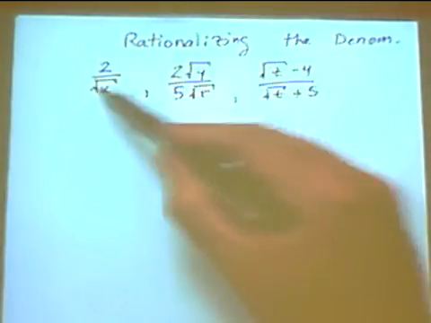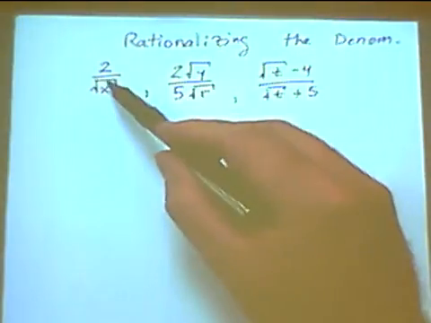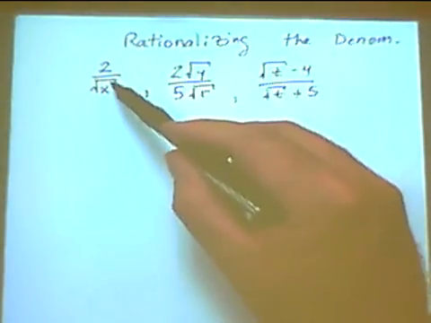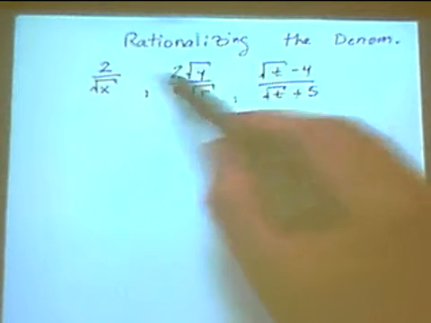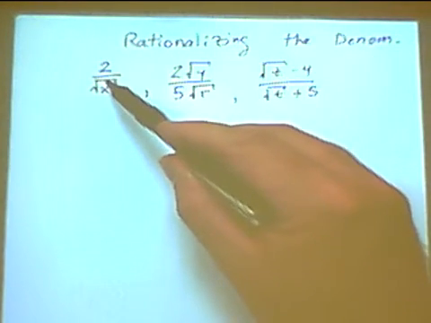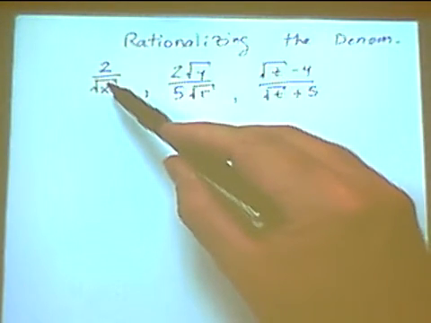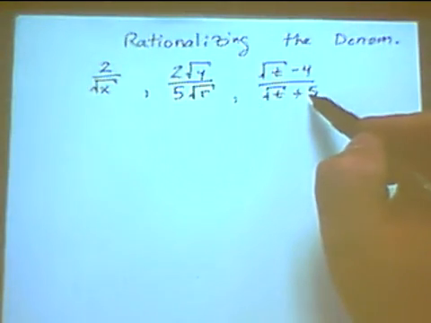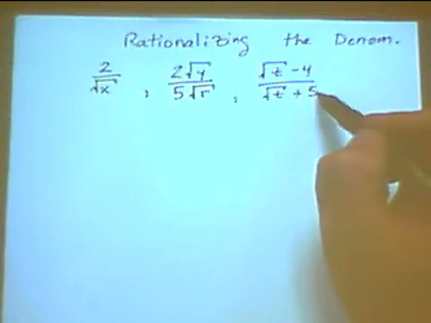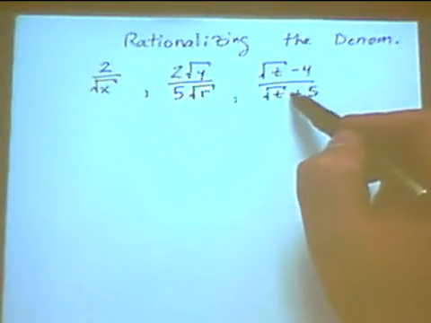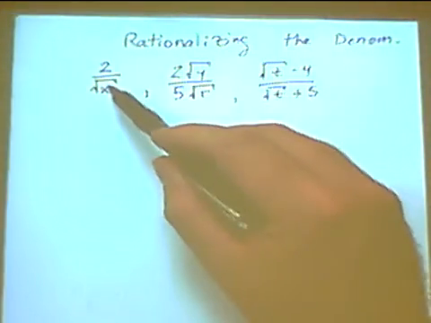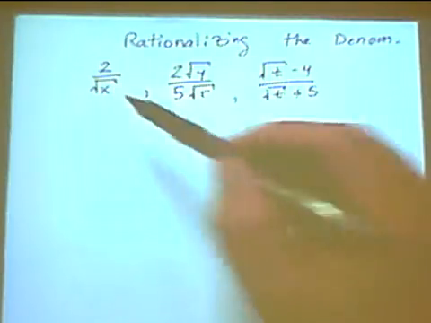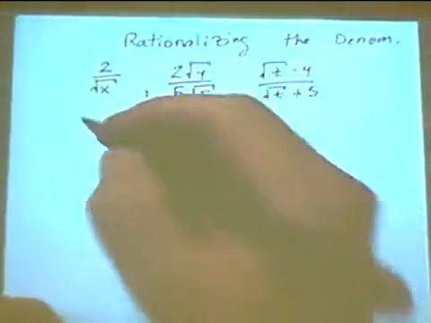So notice also we have all square roots. So when you have a square root of x, in this case 5 square root of r, notice these square roots in the denominator are factors, as opposed to this third one where we have 2 terms and the square root of t is just one of the terms. Whenever your square root is a factor, rationalizing is very simple.